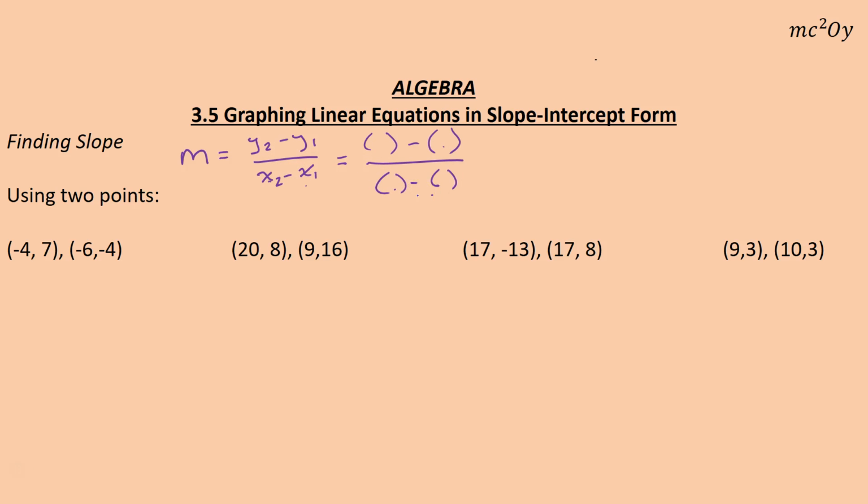Okay, and so on this first one, I'm just going to quickly draw a picture. I don't want you to draw pictures every time, but just so you know what we're looking at here. So when I say I'm at negative 4, 7, okay. All right, so negative 4, 7, so right there. And then negative 6, negative 4.